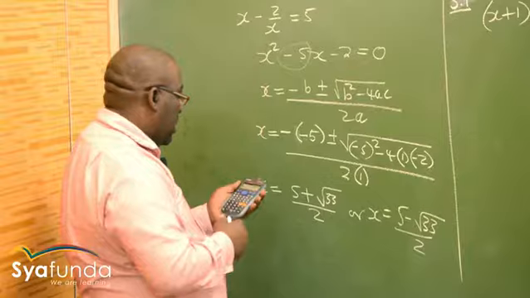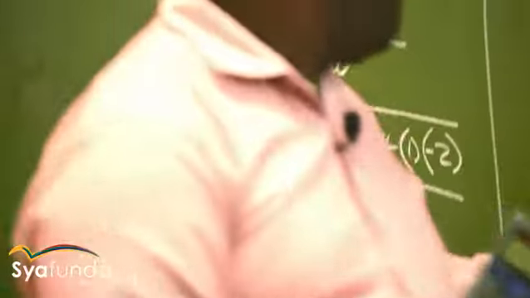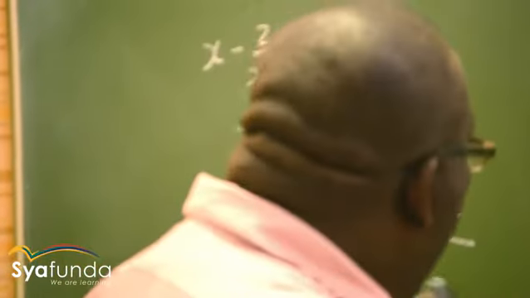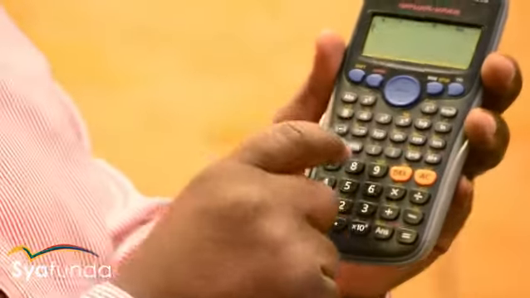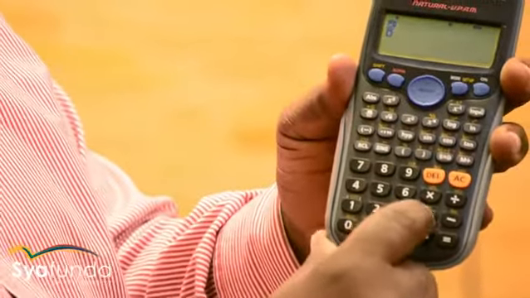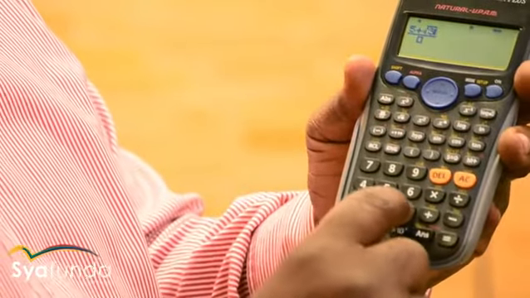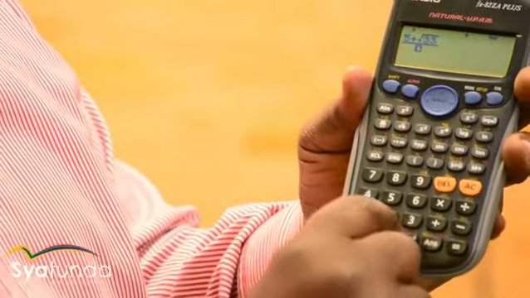Then I work it out. You just do it at the same time, from the top there, you change plus and minus. But we've come to that position, so let's continue with it. I've got a fraction there. What do I have on my numerator? I've got 5 plus the square root of 33, divided by 2.